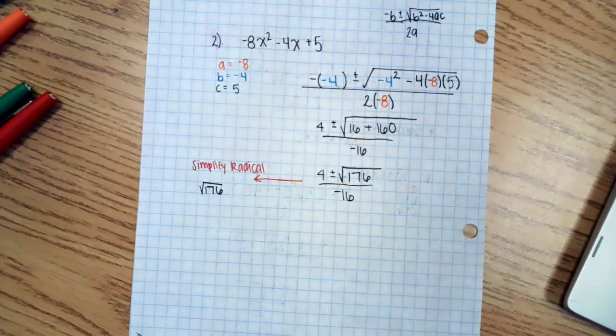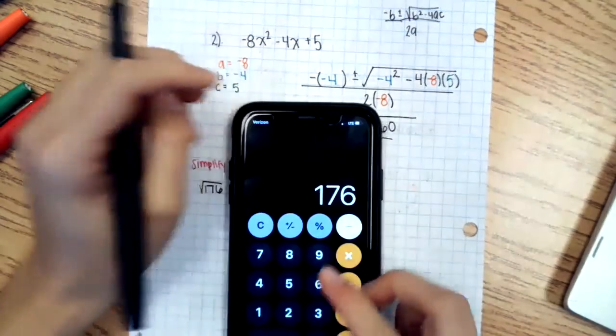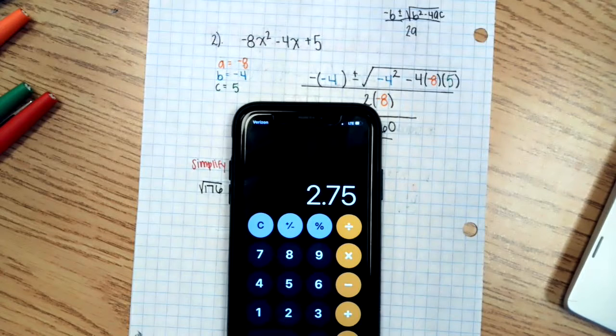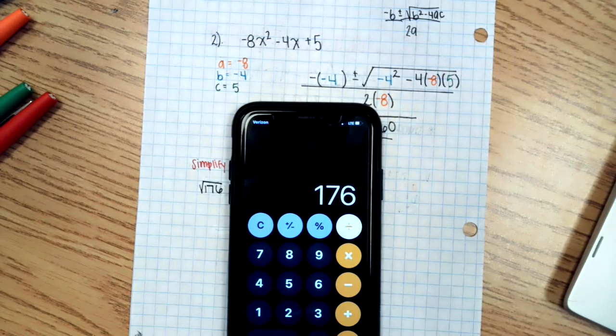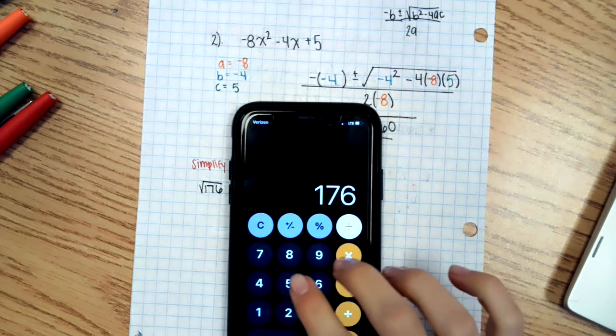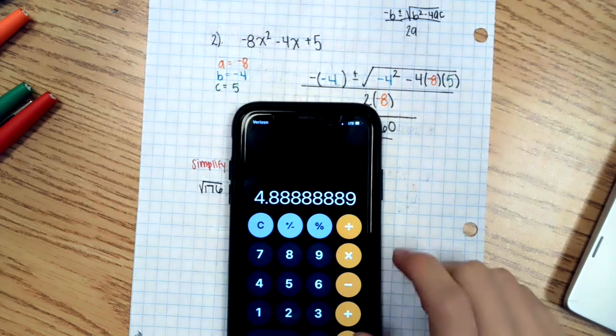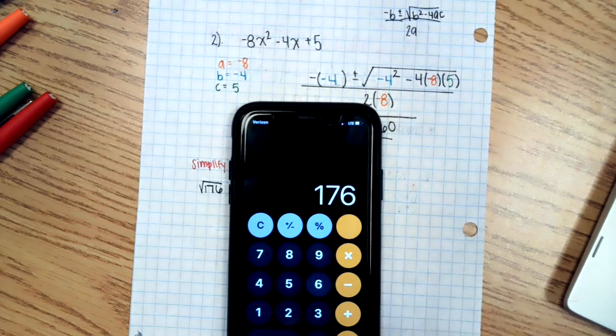I have no idea what the biggest perfect square that goes into that is going to be. So I would pull out my calculator and start trying a bunch of different roots. Maybe I would try 176 divided by 64. Nope, kind of close, but no. 176 divided by 36. 176 divided by 25.